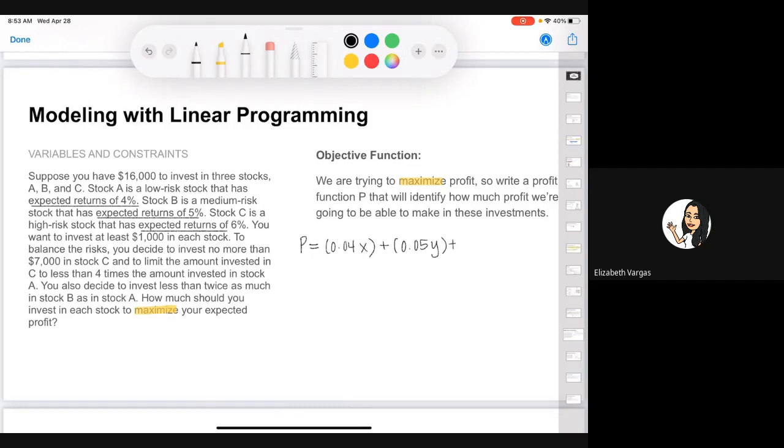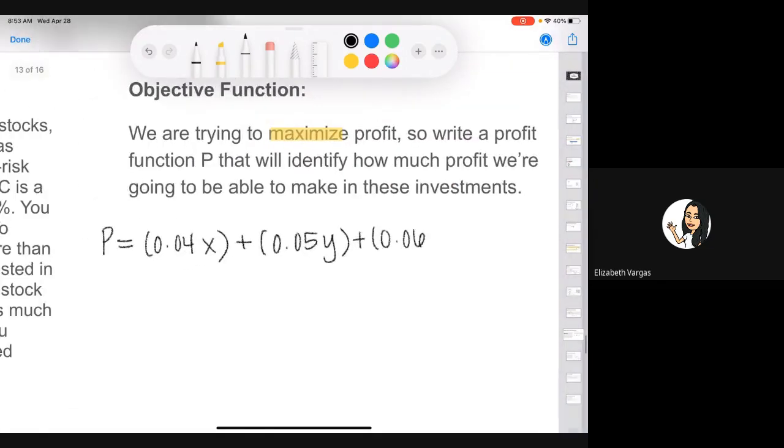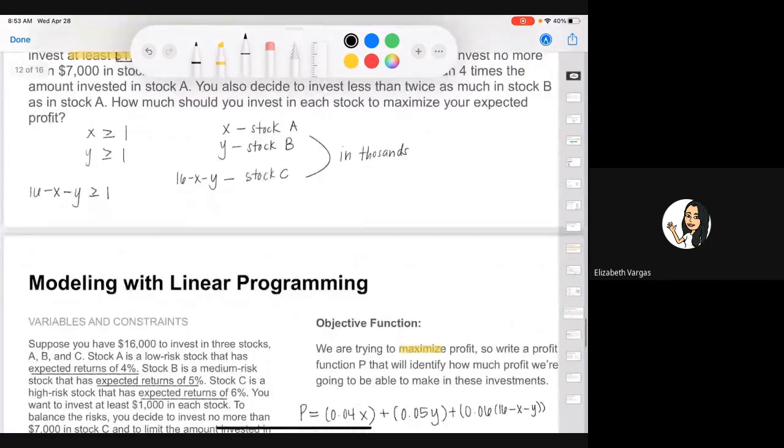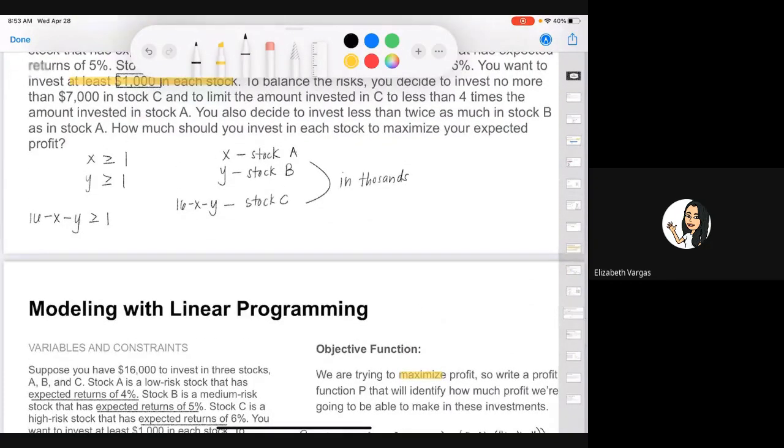And then in stock C, I'm going to get 6%. So that's going to be 0.06 expected return. And remember that I represented stock C as being equal to 16 minus X minus Y. Okay, so there I've created my objective function. Basically, I'm taking this information that I have here.